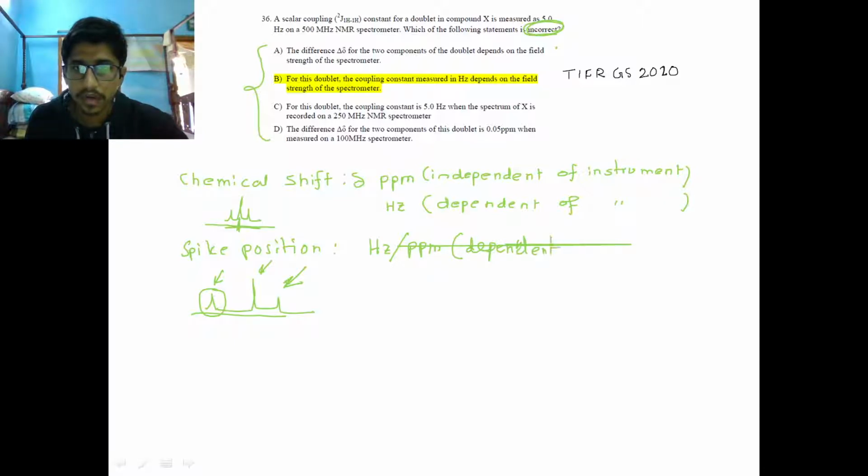These two are dependent on instrument. But the last one, as the question comes, coupling constant.